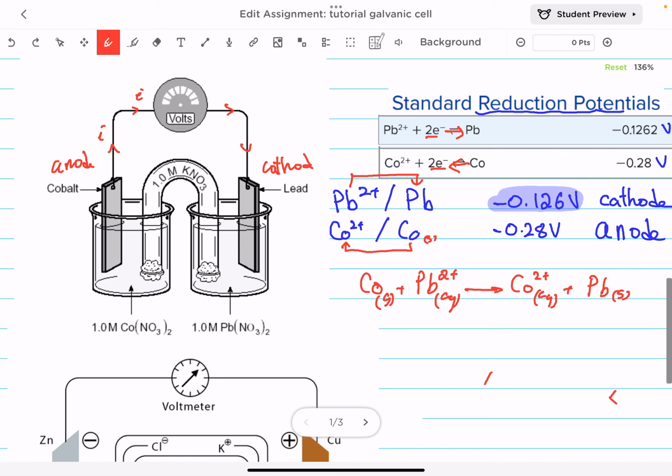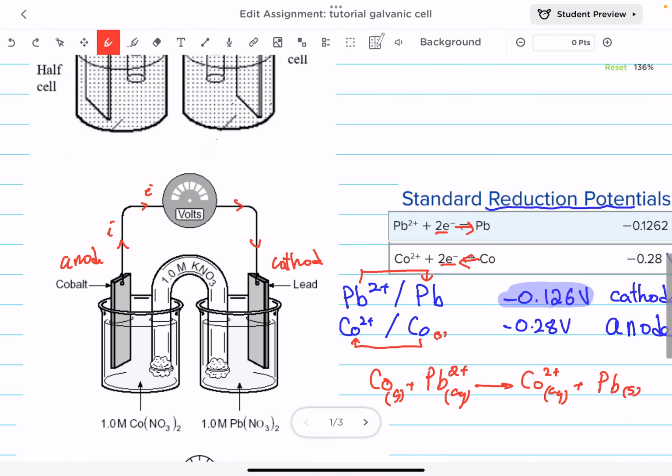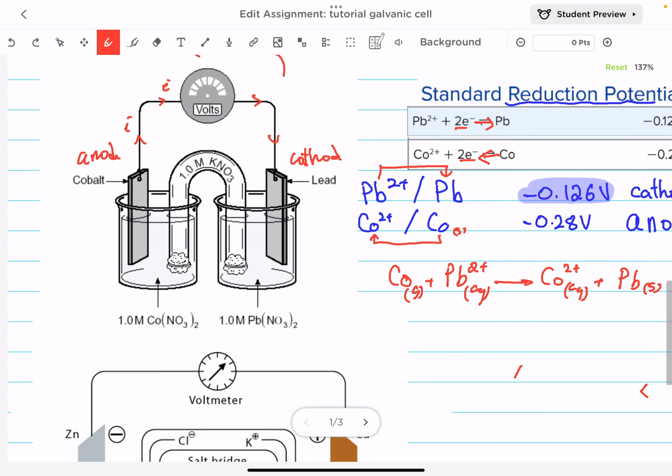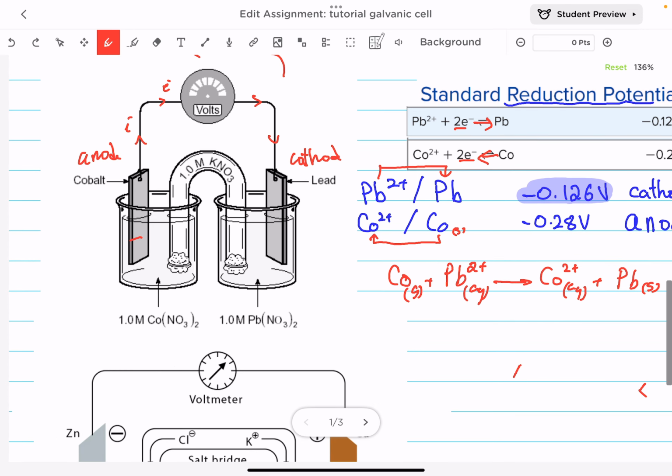Electrons are going to start flowing from the anode to the cathode. The current is going to be in the opposite direction. This is the electrode that's going to lose electrons and reduce in mass, and this is where oxidation is going to occur. Cobalt turning into cobalt 2+ and 2 electrons. And here this is the cathode.